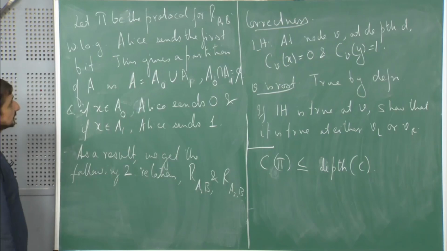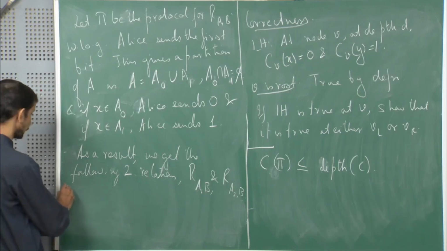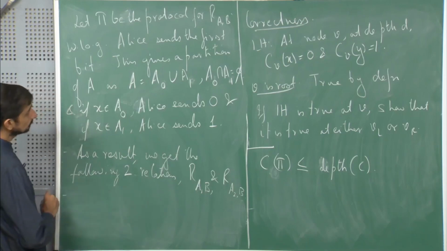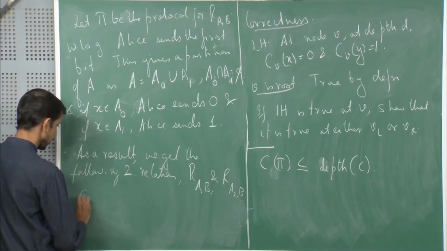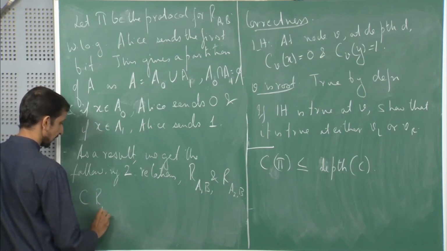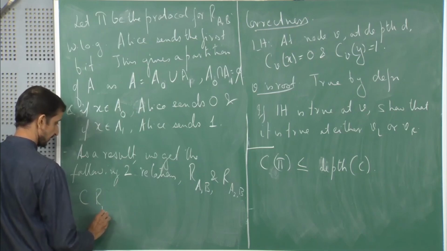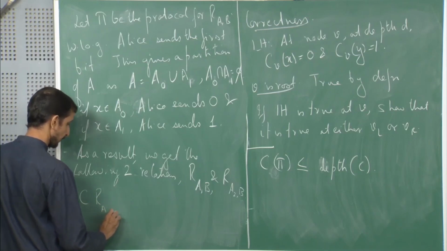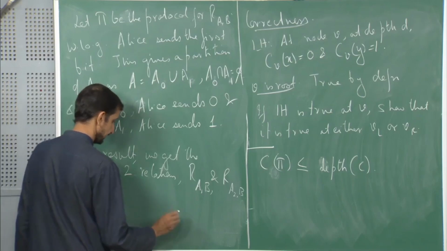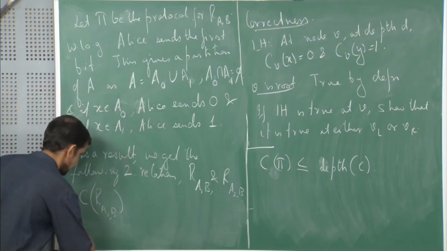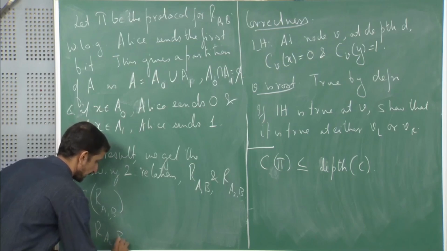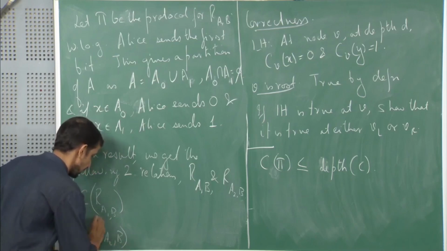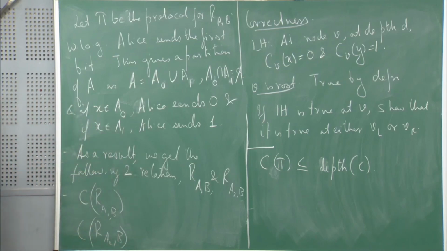And now if we consider the communication complexity of these two relations, CR A1B and CR A2B, what can we say?